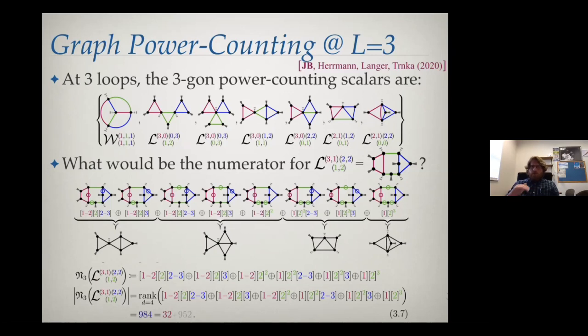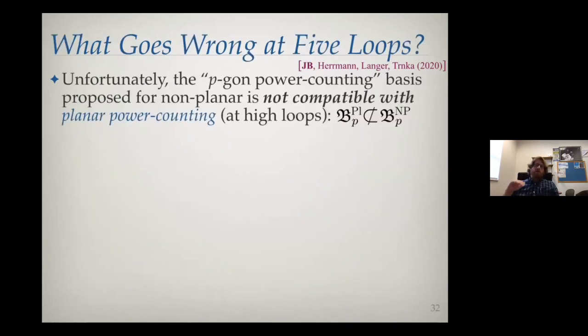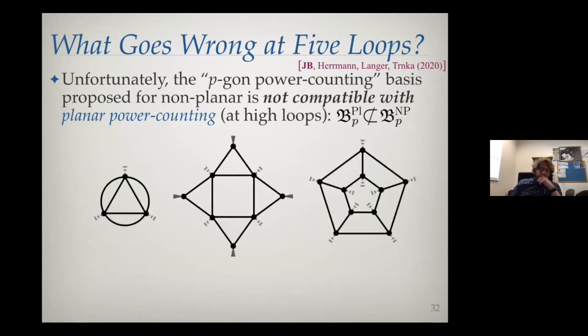And unfortunately, we know already that this definition of p-gon power counting is not good enough for n equals 4 for a pretty trivial reason, which is that our notion of p-gon power counting is not compatible with planar power counting at high enough loop order. And the easiest way to see this is just with some examples. So, for example, this planar graph here on the left, this triangle of bubbles, meets our definition of a scalar two-gon, a scalar bubble integral.